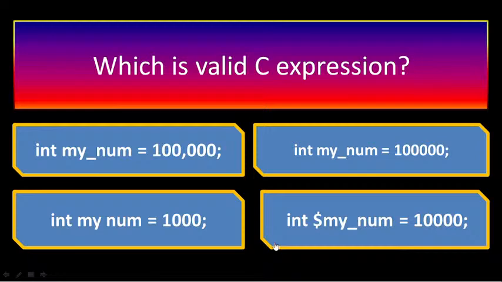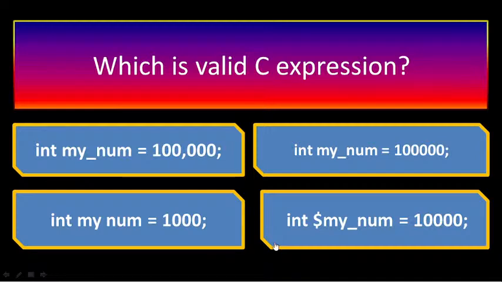The options are: int my_num = value with a comma; second, int my_num = a number without a comma; third, int my num = the same number; and fourth, int $my_num = number.